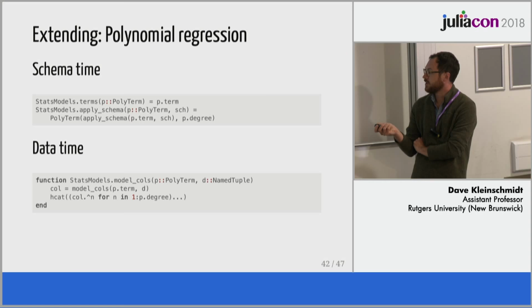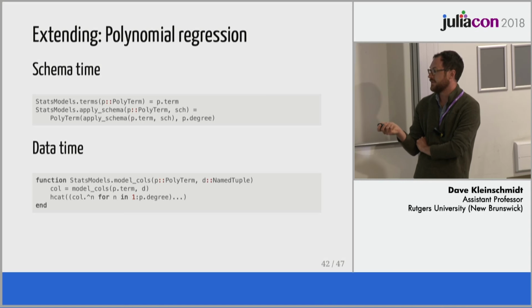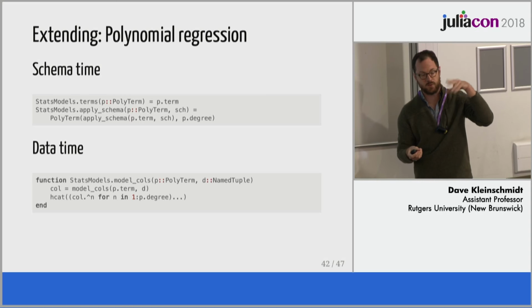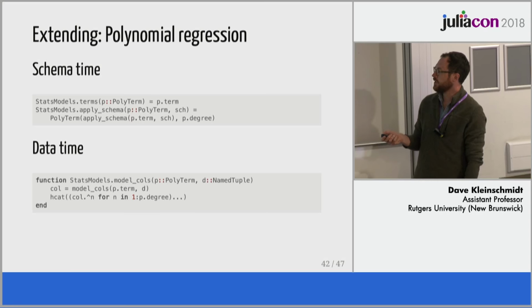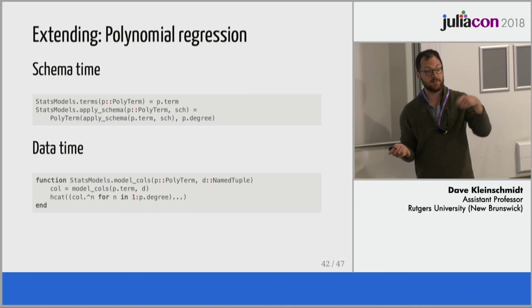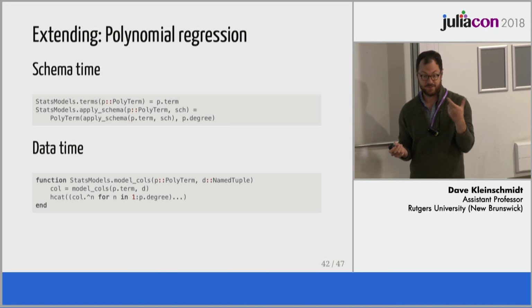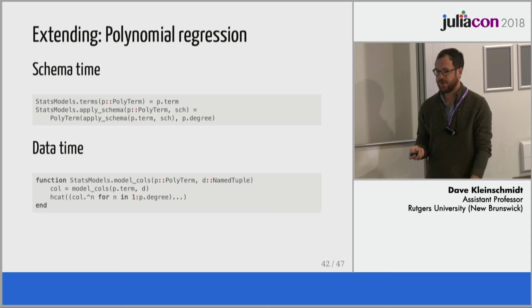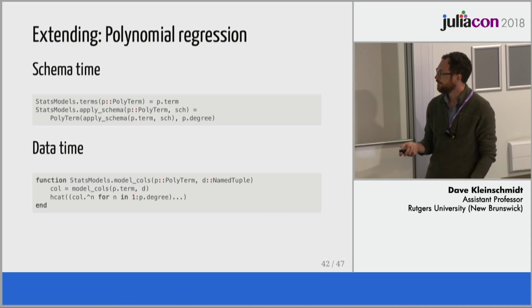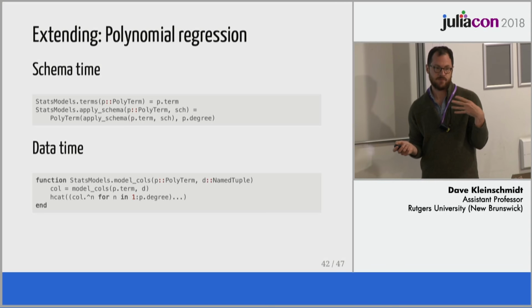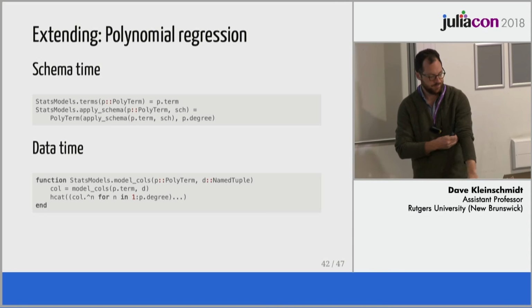All we're doing here is generating the column you would generate for that term based on the data, and then we're just going to splat together the columns raised element-wise to the appropriate power. It's important to use broadcast in here because you might get a scalar or you might get a vector, because you might get a single row or you might get a table, which is a named tuple of columns. So broadcast is actually the thing that makes this whole thing really easy to do.